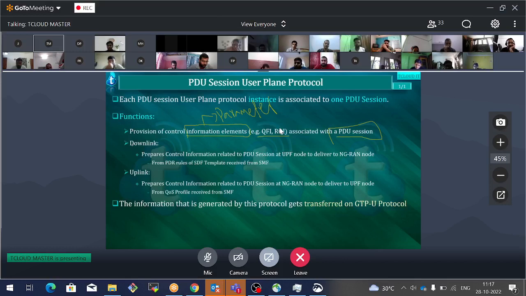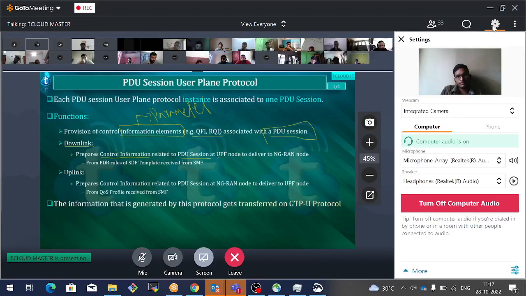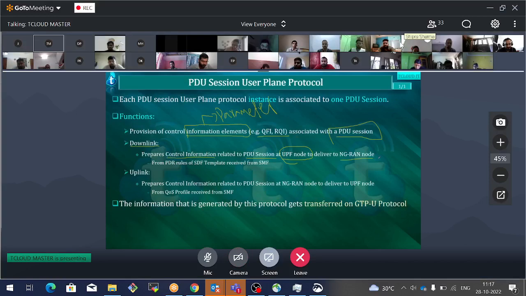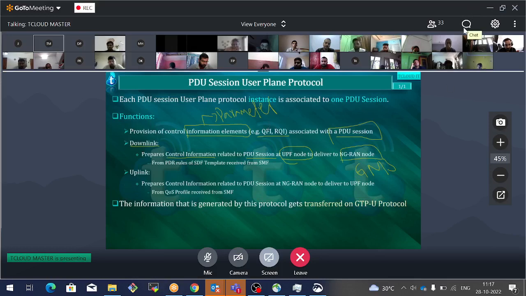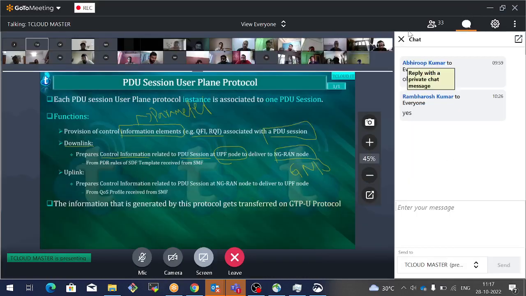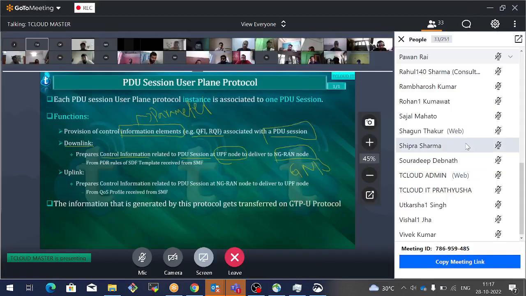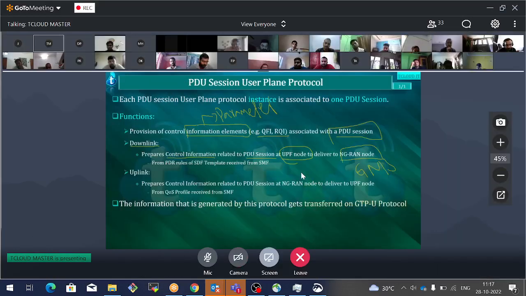And then in downlink, it prepares the control information related to that particular PDU session at the UPF node and delivers this information to the NG-RAN node, nothing but the gNodeB. So the UPF is responsible for detecting which IP packet belongs to which QFI, and for that particular IP packet data, whether reflective quality of service is applicable or not, especially in case of non-GBR scenarios.